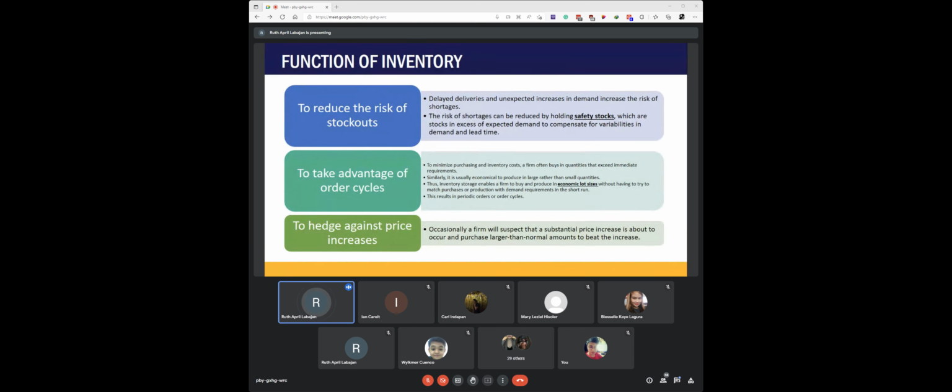And then the next function of inventory is to hedge against price increases. So usually a firm will sometimes take advantage of buying in bulk so that when there is a price increase, they will not be affected too much by the increase.